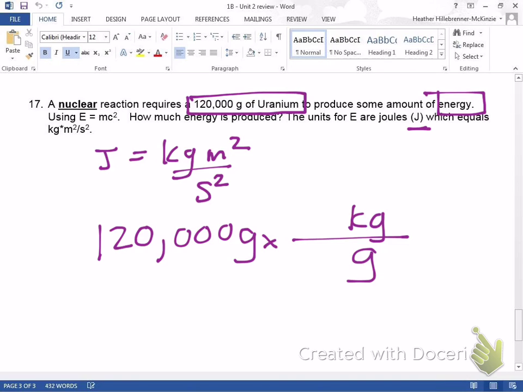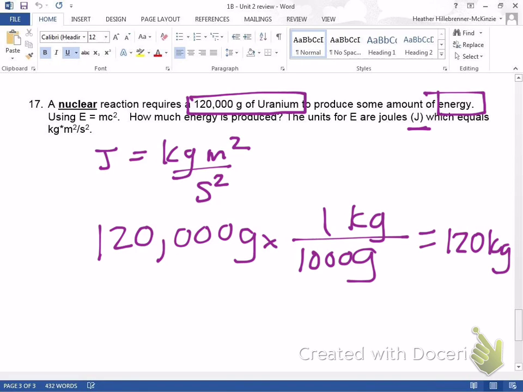Kilograms are bigger, so I'm going to have more grams. How many? 1,000. So I'm going to take this number and divide it by 1,000, so I should get 0.120 kilograms.